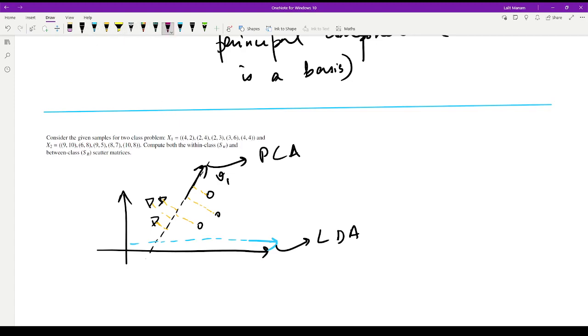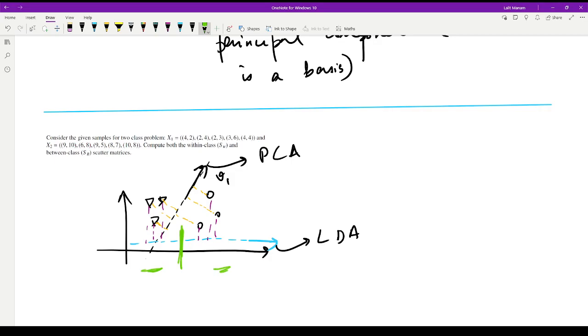If we project data onto this dimension, we clearly see there is a huge separation, but here the data is mixed. So our aim is different. If you have class labels as well, we would like to find a direction which reduces the dimension but keeps the classes well separated. That's how this is motivated.